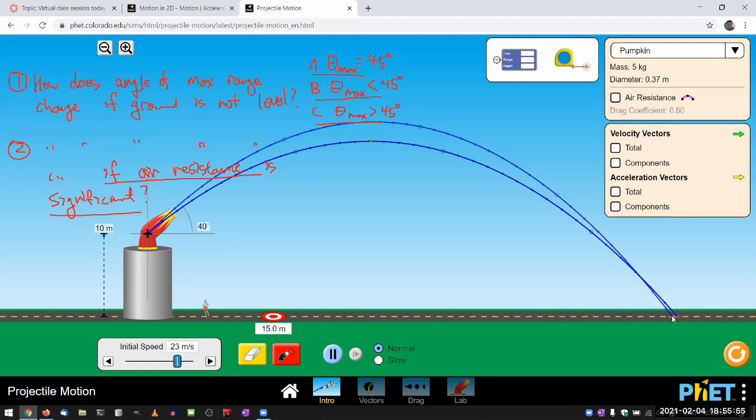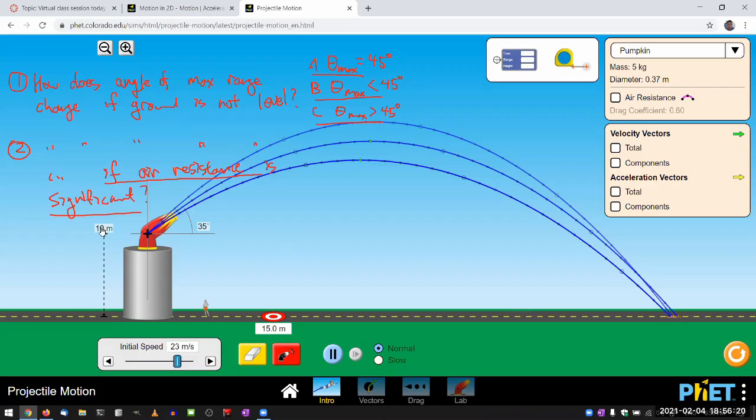Ah, it went slightly over. So this becomes a search process then. Okay, so 40 degrees gave me something that's farther away than 45 degrees. Let's see if 35 degrees gives me something even farther. Okay. So at 35 degrees, I'm actually at a similar place as 45 degrees.